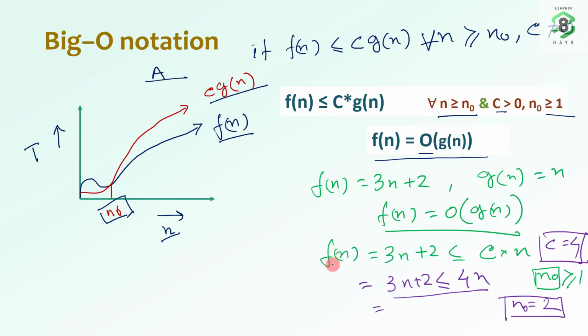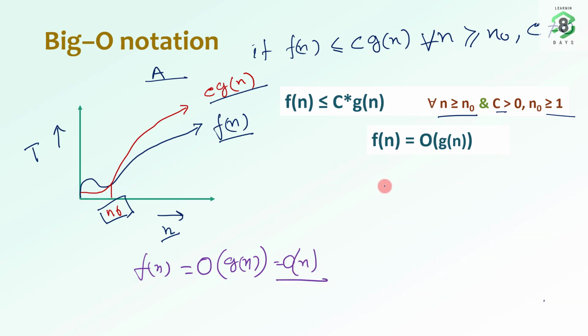So we can write f(n) = O(g(n)) = O(n). Actually this is also true for f(n) = O(n squared), and also O(n cubed). It is true for all the higher orders of n. But we will only take the tighter one, the least upper bound.